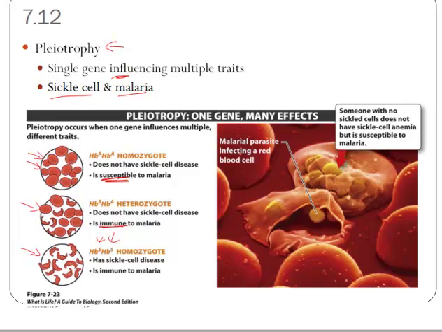Your body has an easier time fighting off malaria. If you have actual sickle cell disease, you're immune to malaria, but that's probably not much help because you're very sick already with the disease. So hiding the sickle cell gene is actually the most beneficial condition, even though you have a chance to pass it on to your offspring, especially if you live in an area that has a lot of malaria.